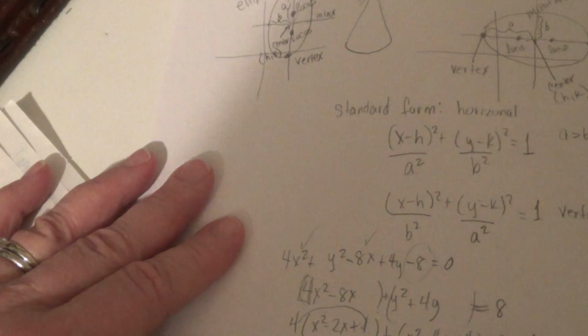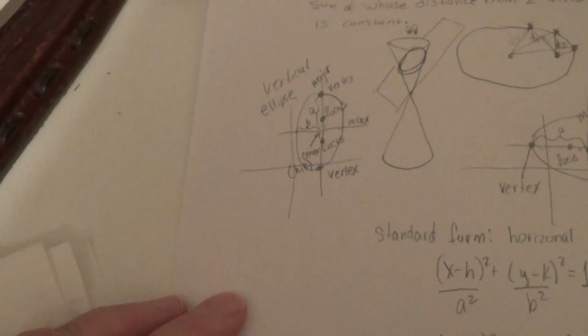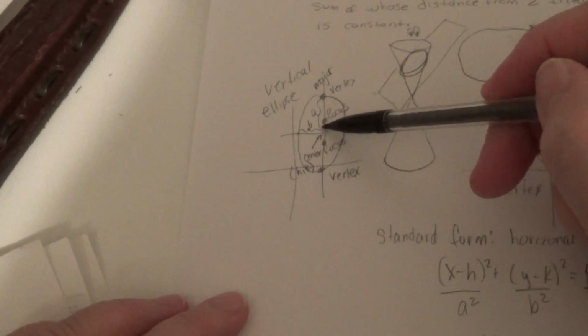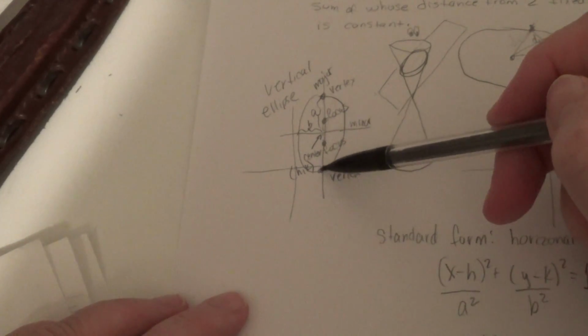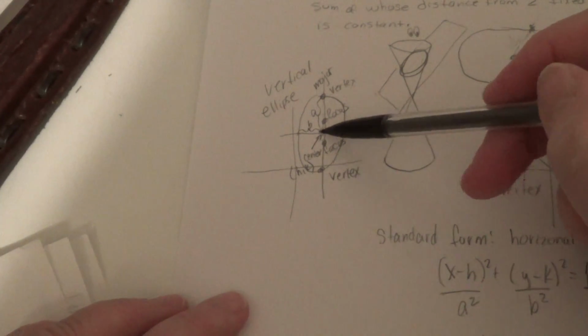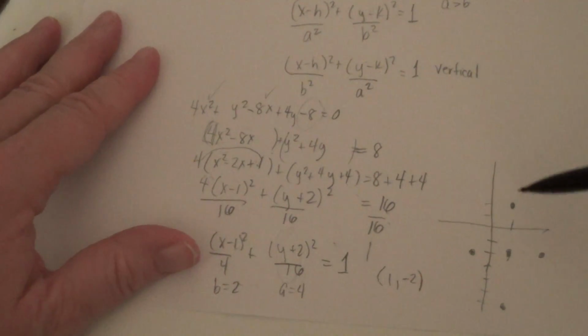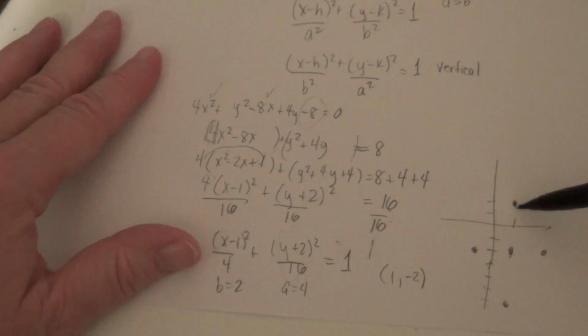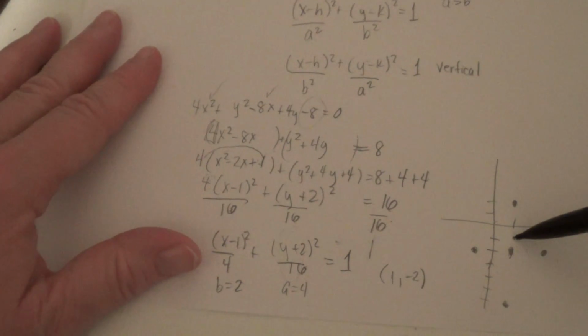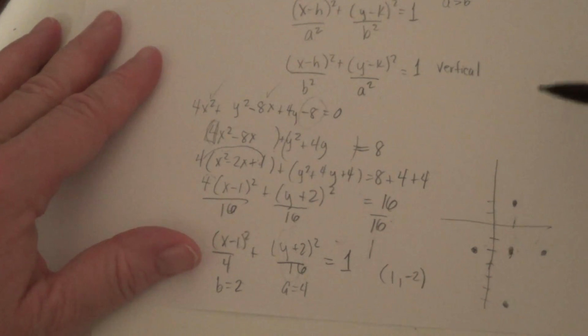So here, remember from the center we went up A and down A, over B and over B. So I'm taking the same sort of pattern there. Went up A, which was 4, down 4, over 2, to the right 2, and to the left 2.